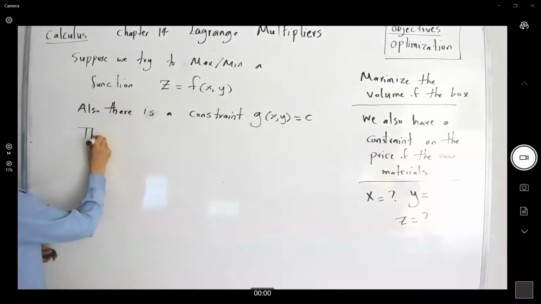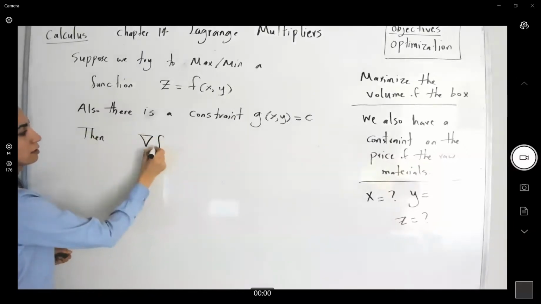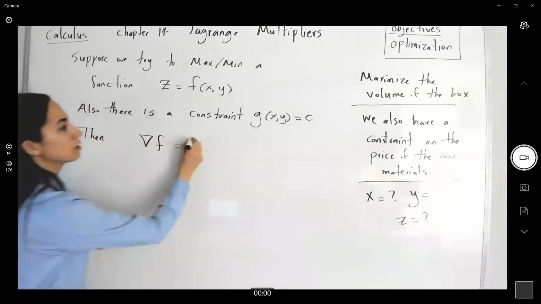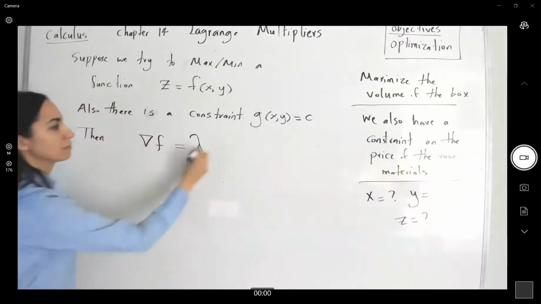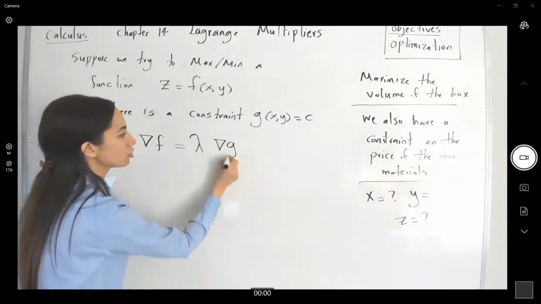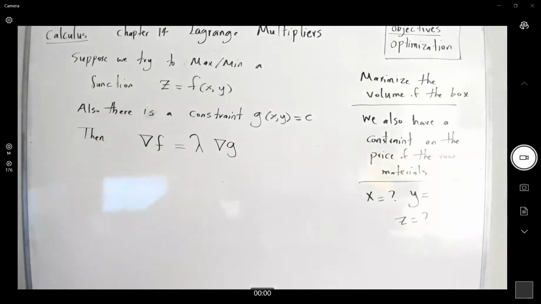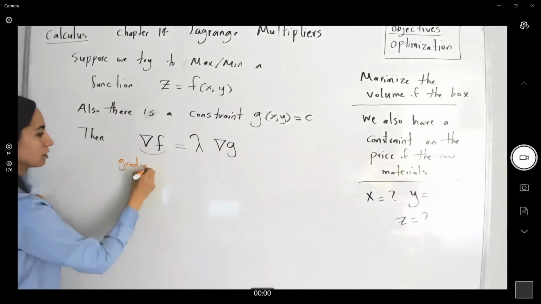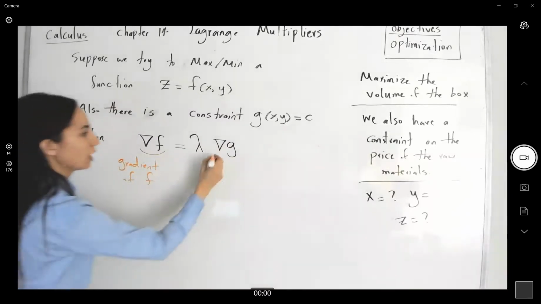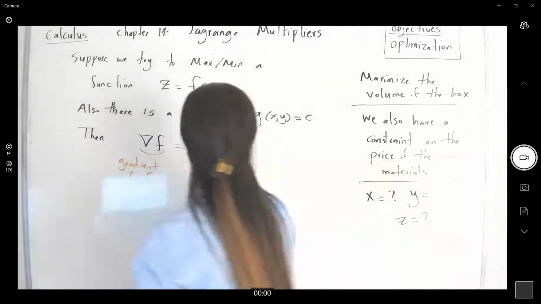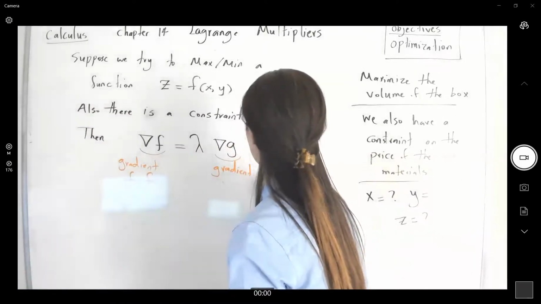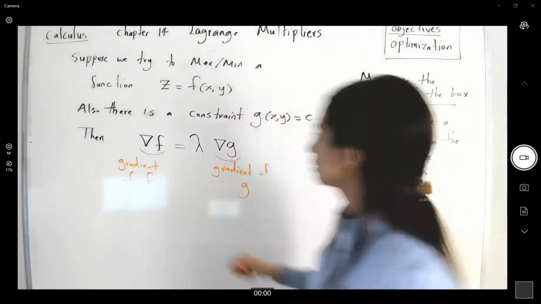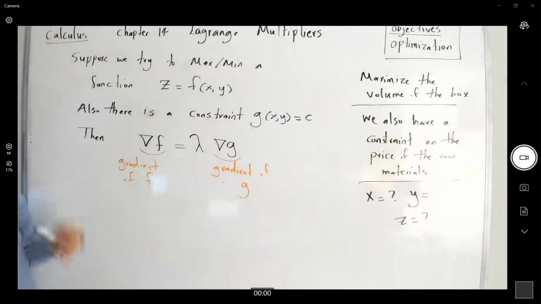Then we take the gradient of function f and we set it equal to lambda times the gradient of function g. So this is the gradient of f, and this is the gradient of g, and this is actually related to the Lagrange technique.